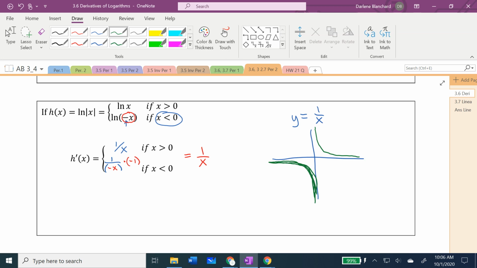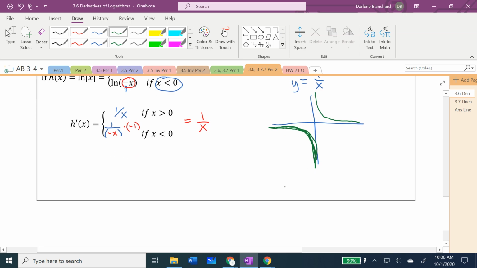If you are told that the derivative of a function is 1 over x, so let's say you are told that k prime of x is 1 over x, and then they ask you, what could k of x have been?